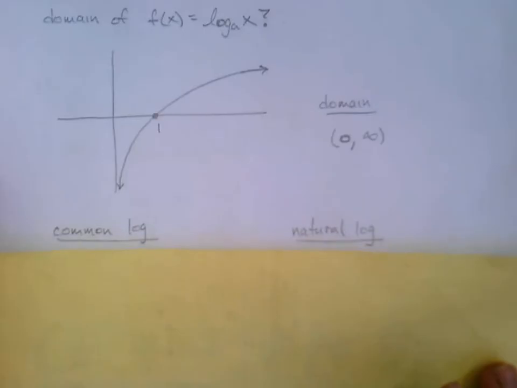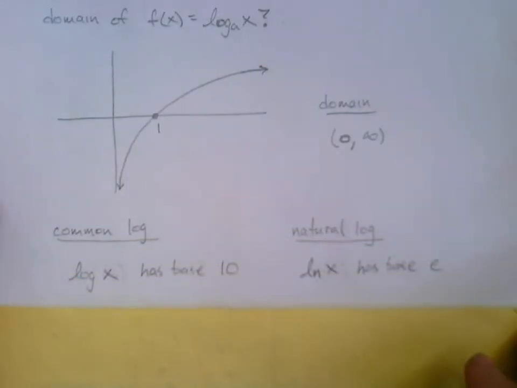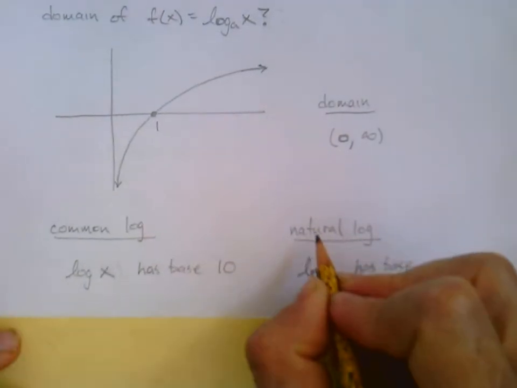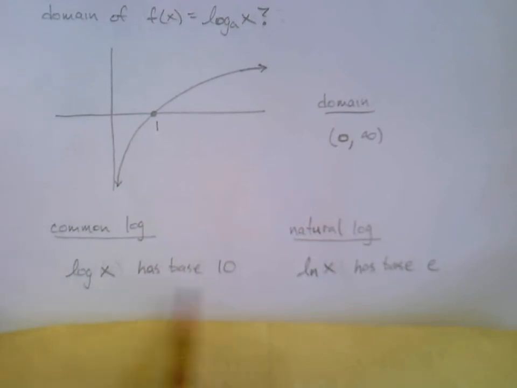Finally, I know you guys know this, but let's just say it anyway. There are two special logarithms, the common log and the natural log. The common log is written as simply the log of x. If the base is not written, then it's implied to be 10. And the natural log is written this way, ln of x.